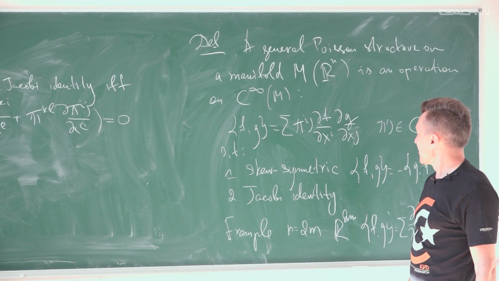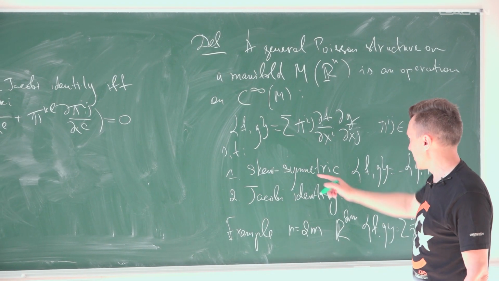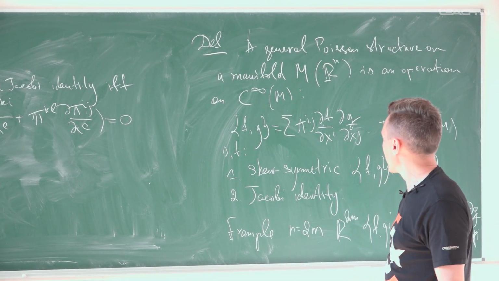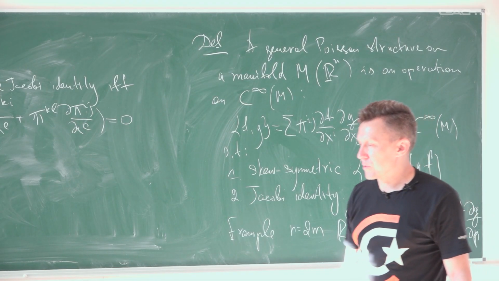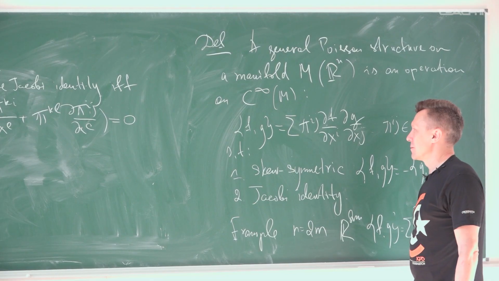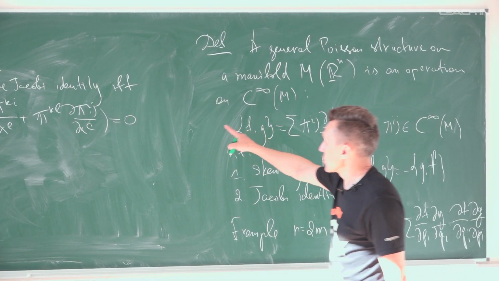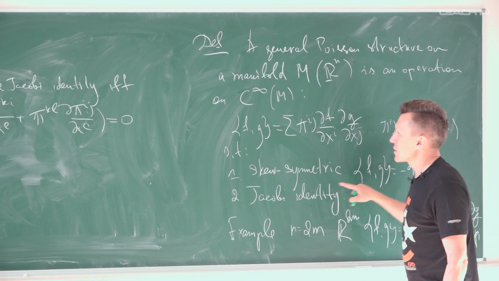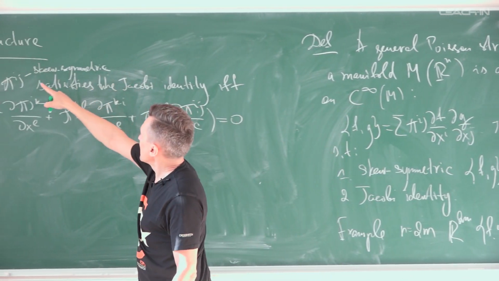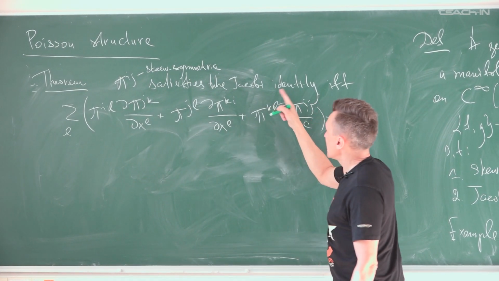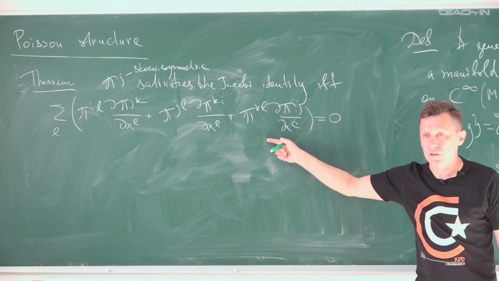It is a true bivector in tensor notation, but you need some notions from the theory of smooth varieties to pronounce it in some reasonable way. But we need this bivector to be skew-symmetric, and if we choose some bivector which is skew-symmetric, then it satisfies the Jacobi identity if and only if this condition is fulfilled.